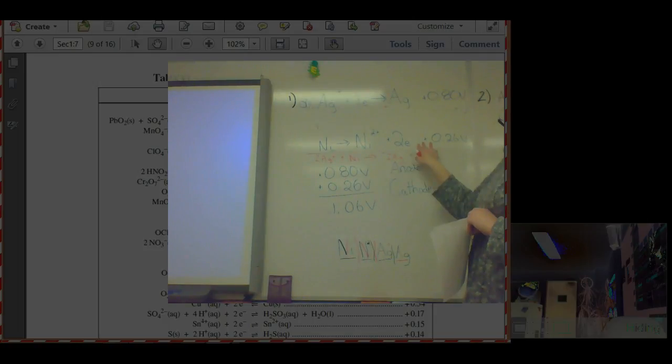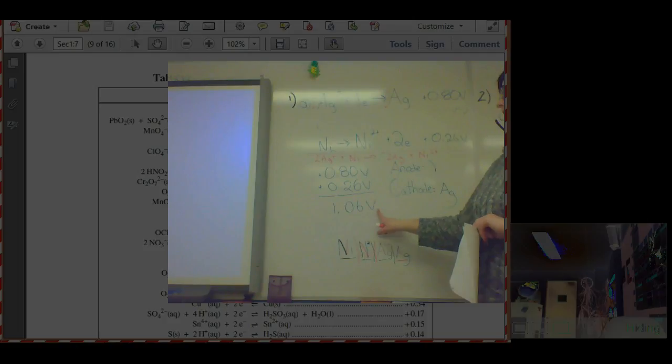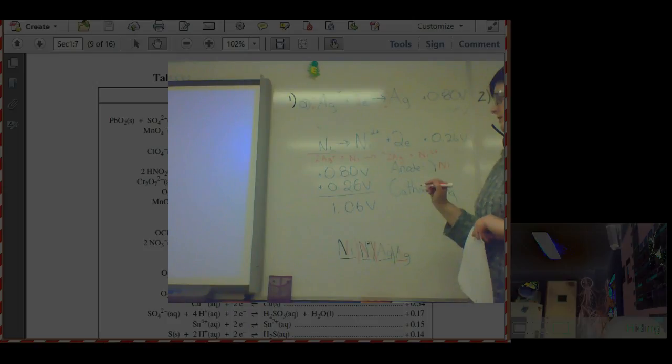I don't need to show the electrons because if I lose 2 electrons and I gain 2 electrons, overall it cancels out. And then, yes, you add these 2 voltages together. The anode is the nickel because it is the site of oxidation. The cathode is the silver because it is the site of the reduction.